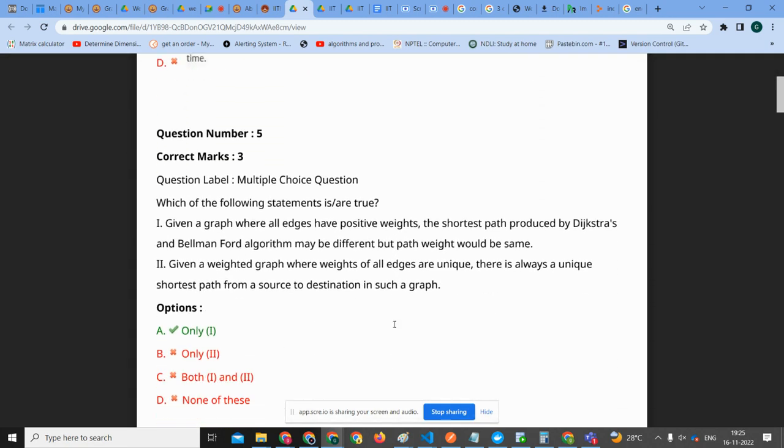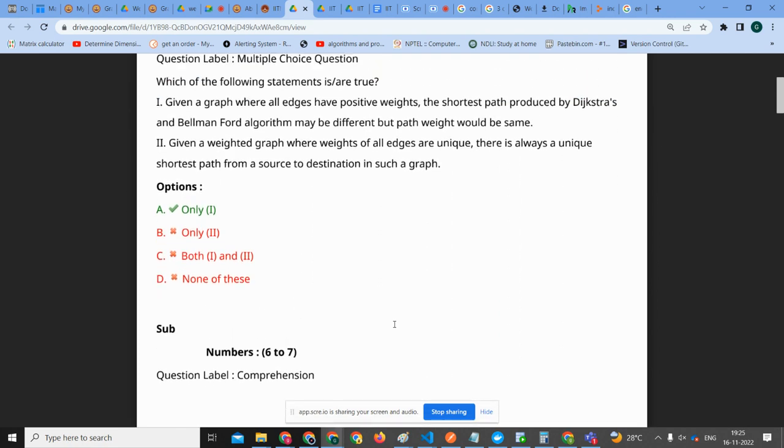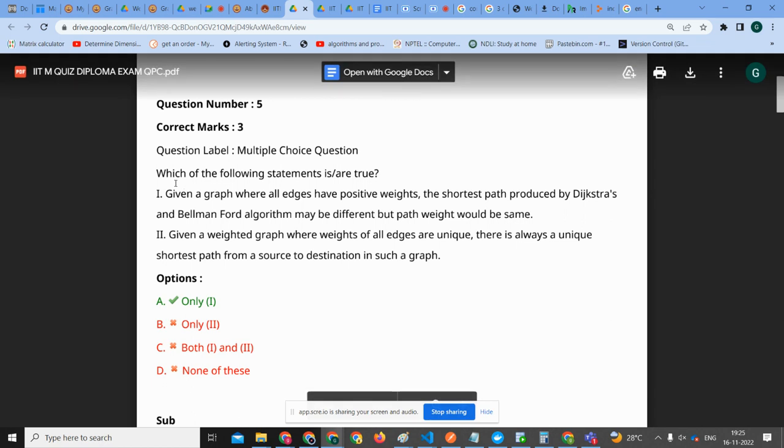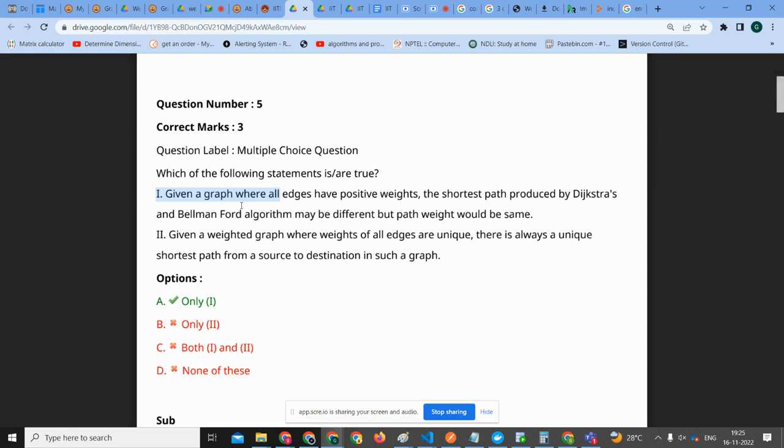All right, so we are moving to the next question. Mahi, you can try to do this also. Read it. Given a graph where all edges have positive weights, the shortest path produced by Dijkstra's and Bellman-Ford algorithm may be different, but path weight would be same.